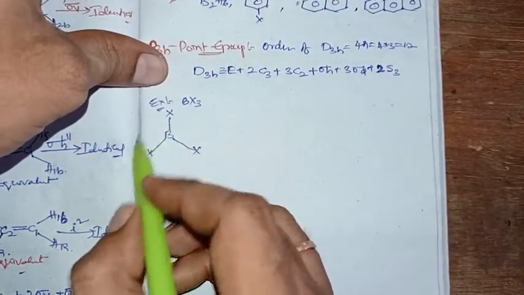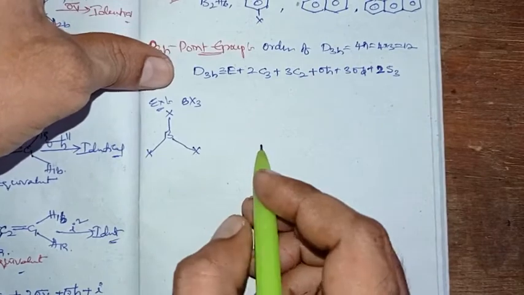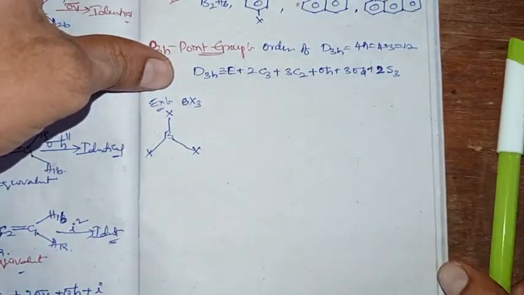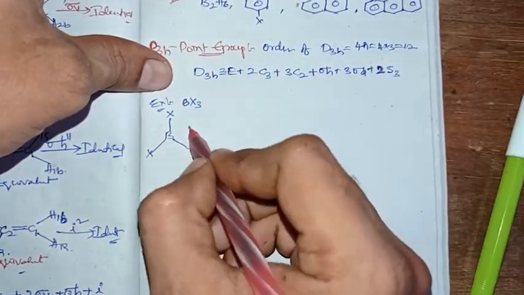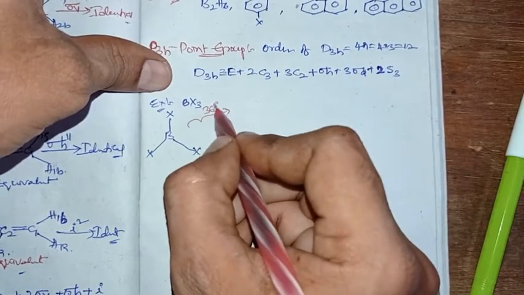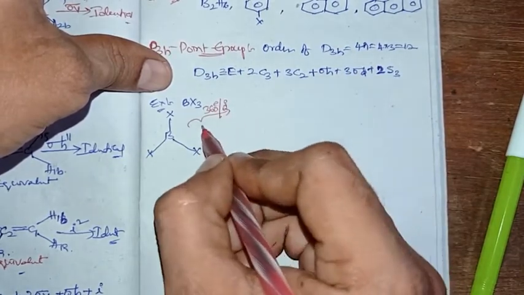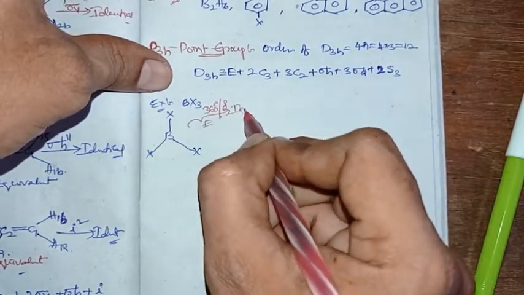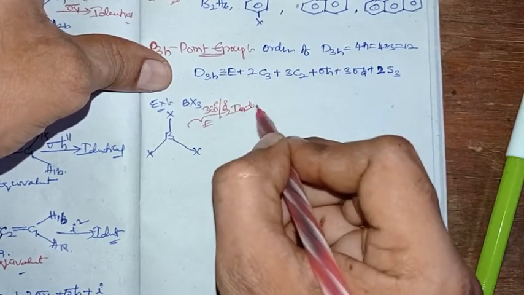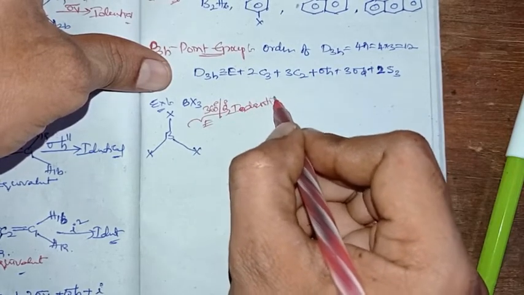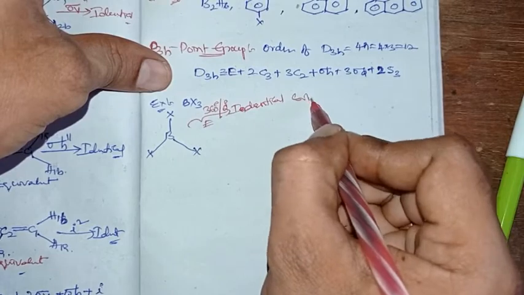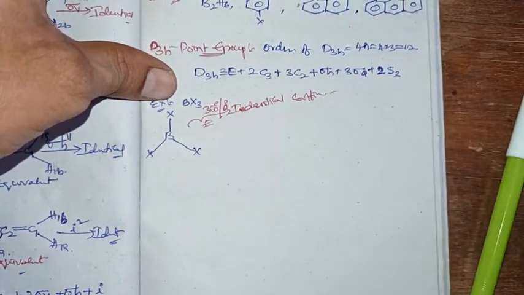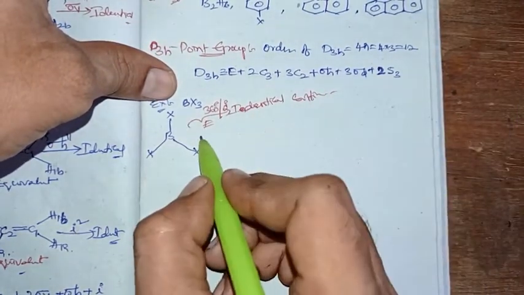At the middle is boron, and the three corners of the trigonal will have three X groups. While we do a 360 degrees rotation or 0 degrees rotation, it generates an identical configuration. I am not going to repeat that.